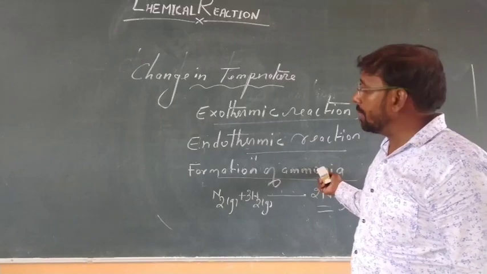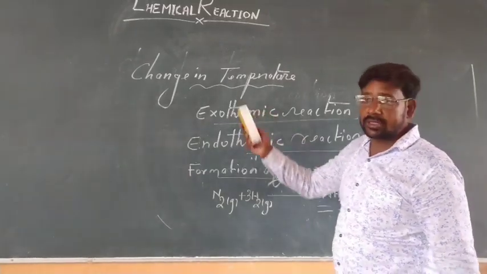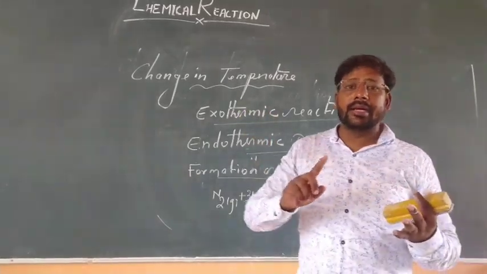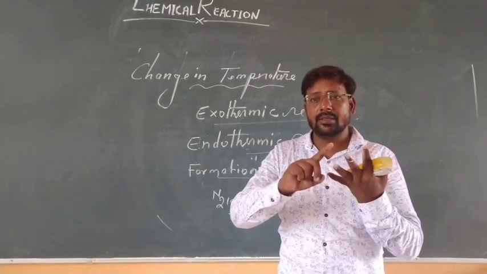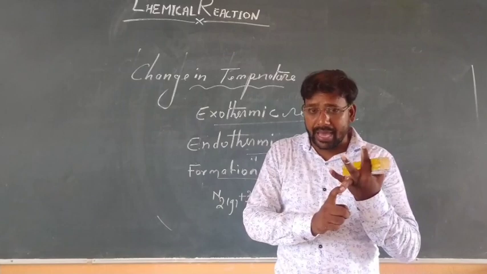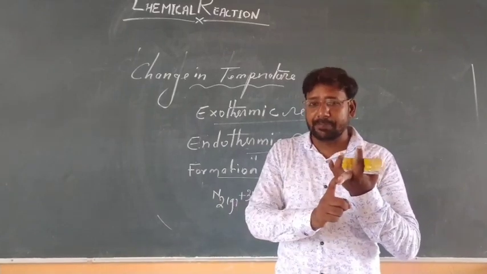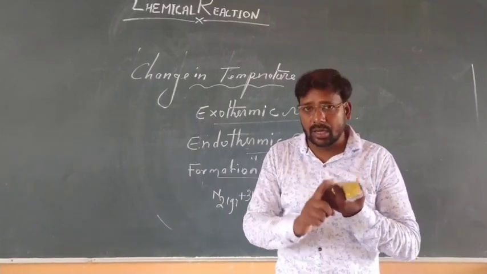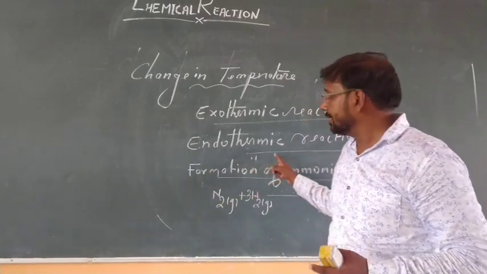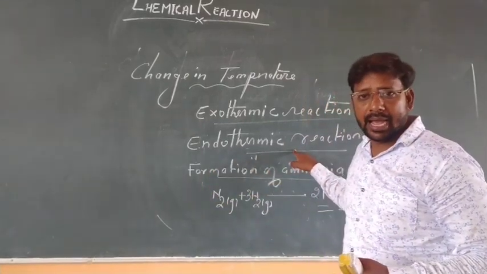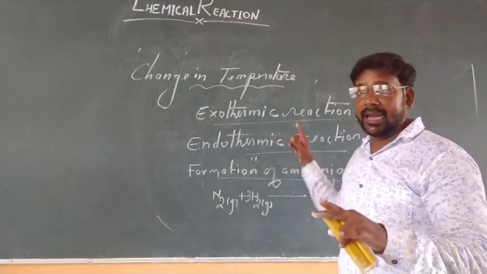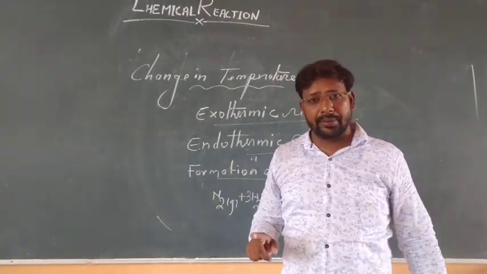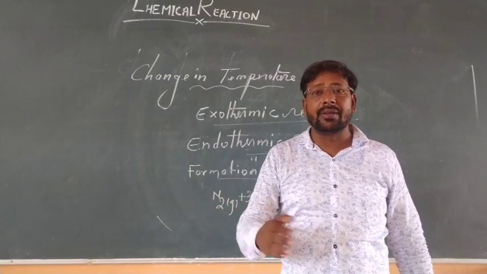So, my dear students, we have discussed the characteristics of chemical reaction: formation of new substances, evolution of gas, formation of precipitate, change in color, and the last one is change in temperature. There are two kinds of reaction in the change in temperature case, endothermic and exothermic. Some examples are given in your book.